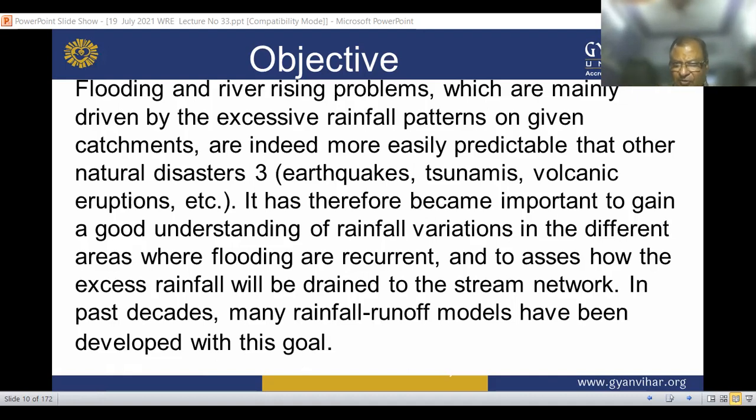It has therefore become important to gain a good understanding of rainfall variation in the different areas where flooding is common, and to assess how the excess rainfall will be drained to the stream network. In the past decades, many rainfall-runoff models have been developed with this goal.